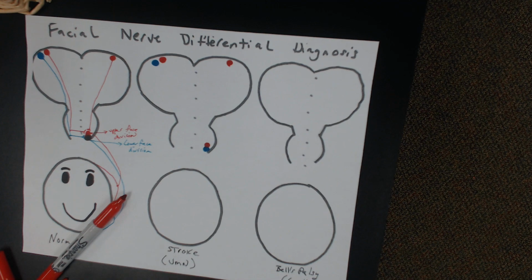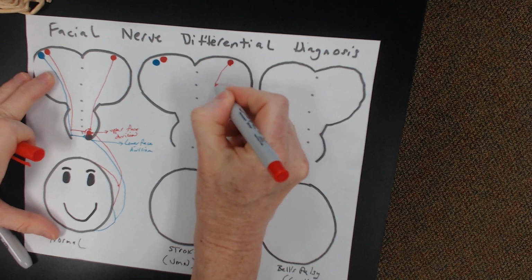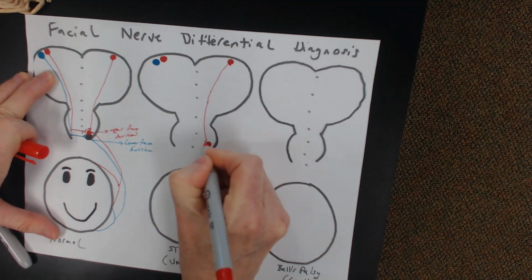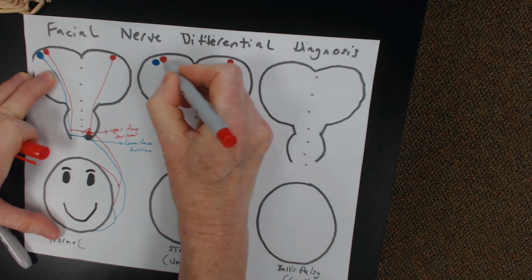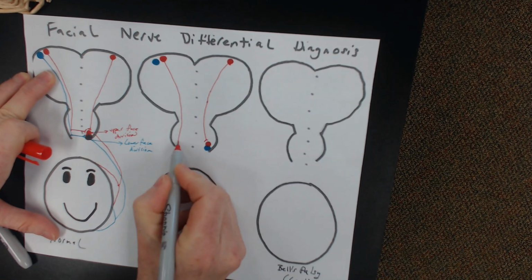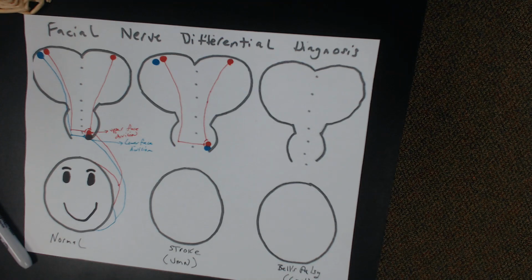Same situation. For the upper face division, it sends out an axon that travels down to here, synapses ipsilaterally, and then contralaterally, comes all the way down to the level of the nucleus, decussates, and synapses, so you have innervation present bilaterally.